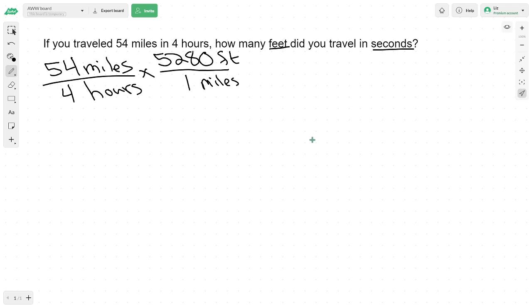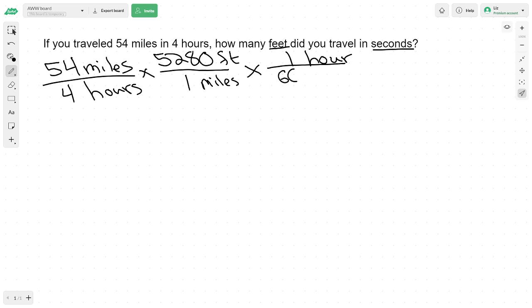And then I also need it in seconds. So 1 hour, again, I put hour on top because the hours is originally on the bottom. 1 hour is how many seconds?